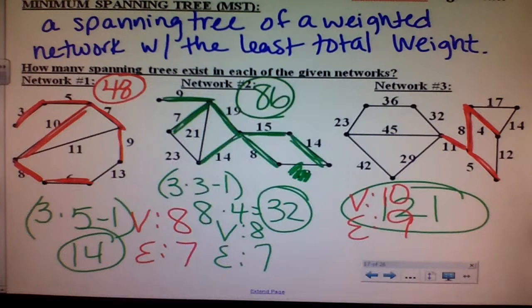So 4, 5, 8, 11, there's 4. You said skip 12. 14. We have to then skip 17. 23, 29, 32, 36.